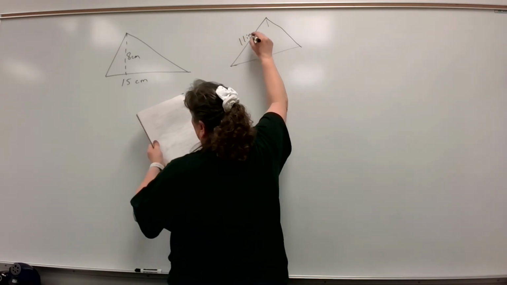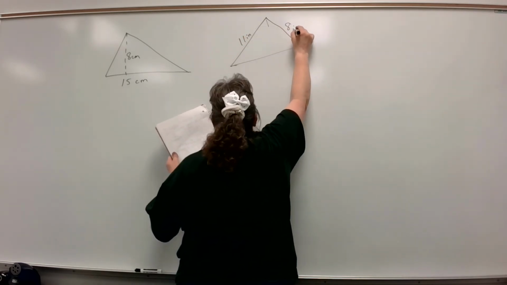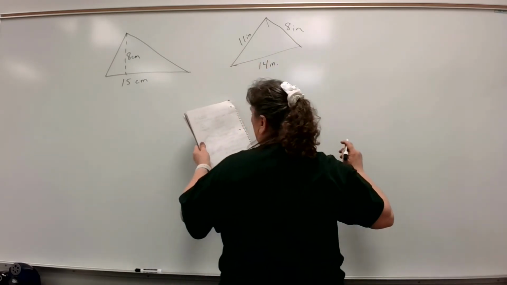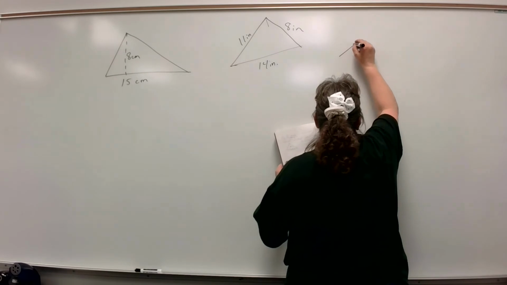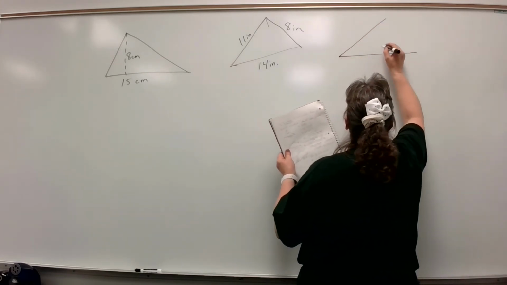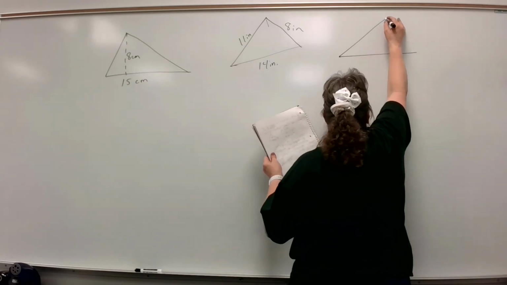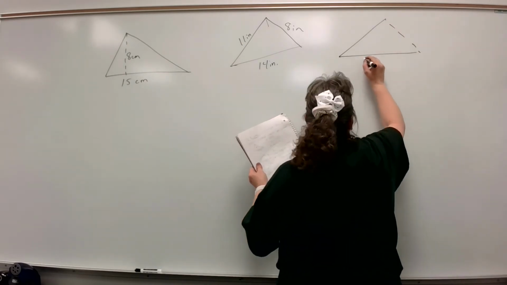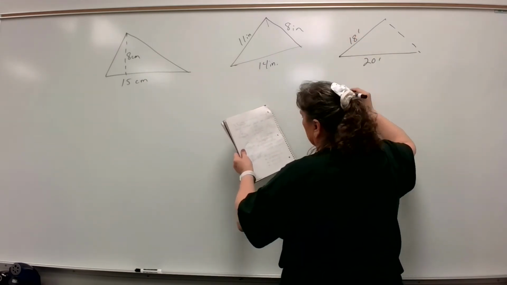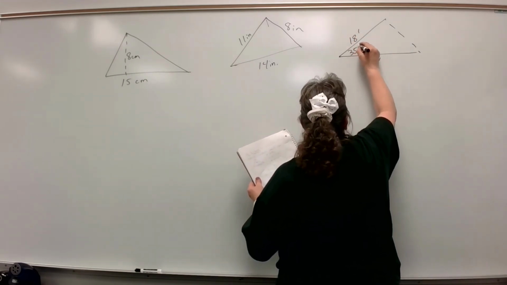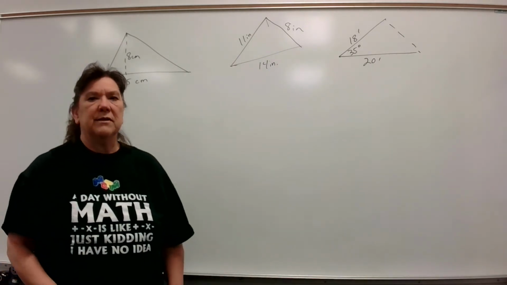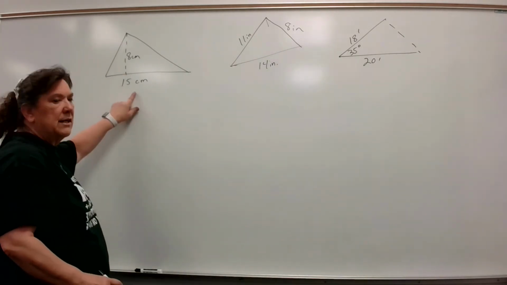The second has sides 11 inches, 8 inches, and 14 inches. And my last triangle is this one, with 20 feet, 18 feet, and a 35-degree angle. Okay, looking at these three triangles, how would you calculate the first one?